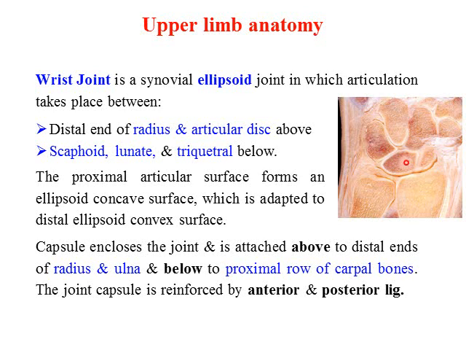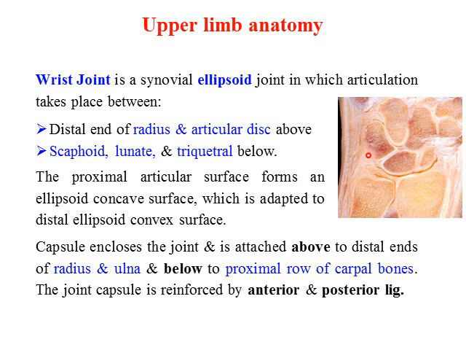The proximal articular surfaces form an ellipsoid concave surface which accommodates the ellipsoid convex articular surfaces of the scaphoid, lunate, triquetral bones.